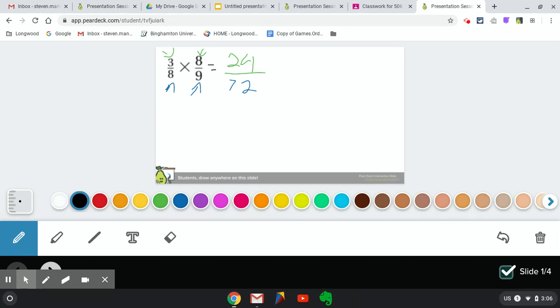So I'm going to start by listing the factors, and remember, factors are the two numbers that multiply together to give us that 24 or to give us that 72. So hopefully remember doing this. We did the greatest common factor a while ago, but I like to start with 1 times that number, and I like to spread them out, right? So 1 times 24 will give us 24, and all the other numbers will fall in between the numbers 1 and 24.